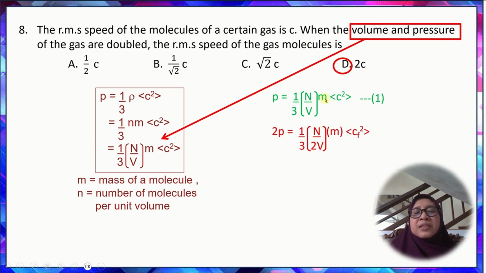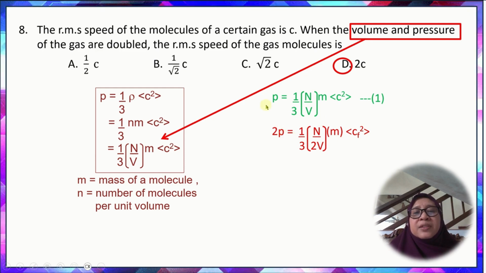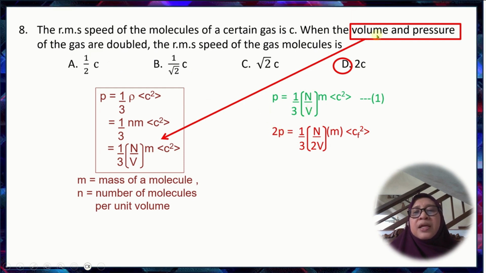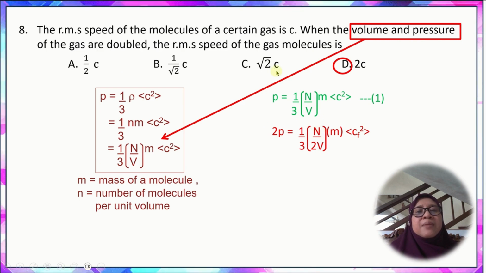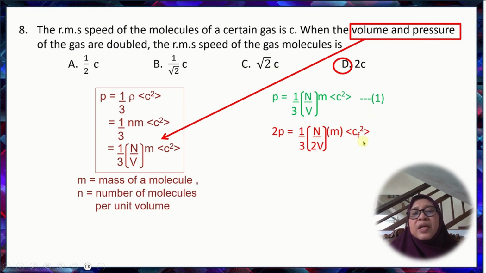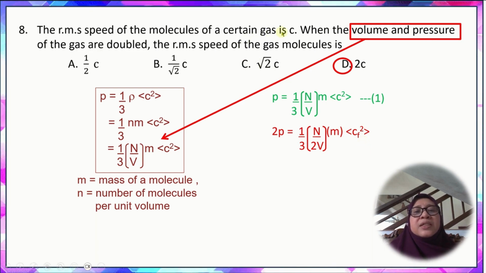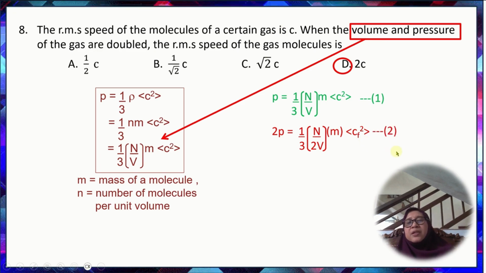For equation 2, the pressure is doubled and the volume is also doubled, 2V. N remains the same, and the mass of one molecule is also the same. So CF will be different. C is the r.m.s speed; this is the final one, equation 2.